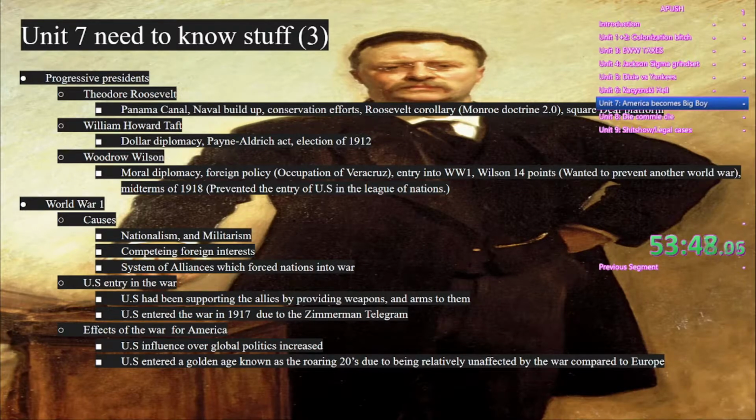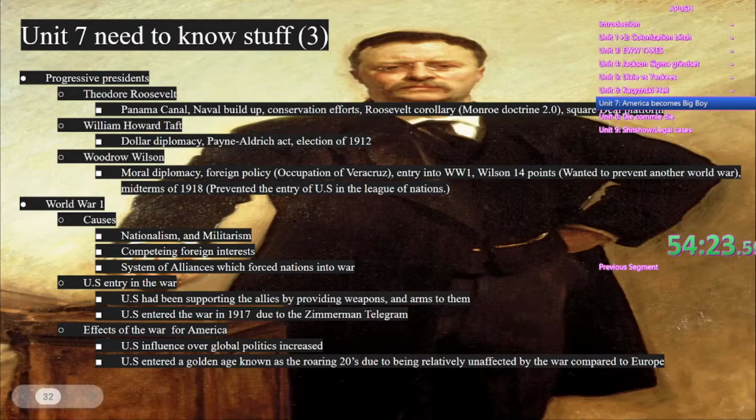After World War I, Wilson established the 14 points, which was to prevent another World War I from happening again by establishing more openness between nations in terms of trade and alliances. You had the midterms of 1918, which basically prevented the U.S. from entering the League of Nations.